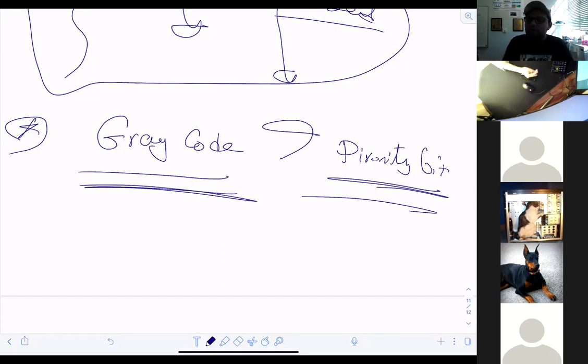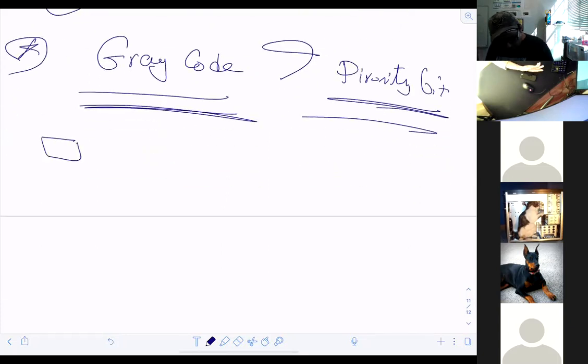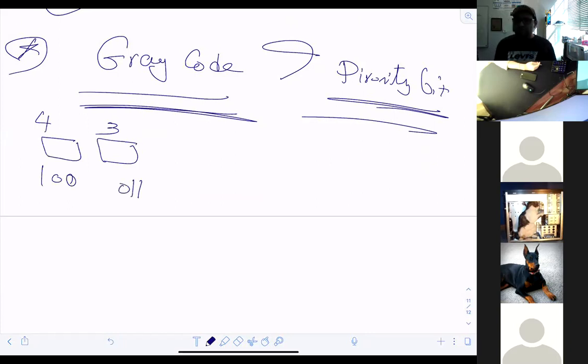So he came to the conclusion that I would like to send the data with small distance changes between neighbors. What does it mean? If I would like to send 4 and 3, right? In binary, 4 is like this, 3 is like that. What you can understand from this is that there are 3 switches that have been changed, flipped.